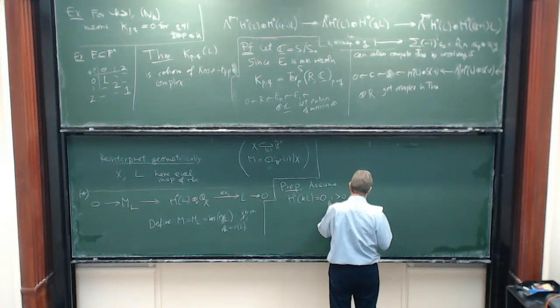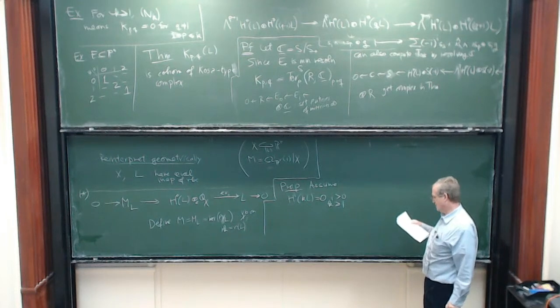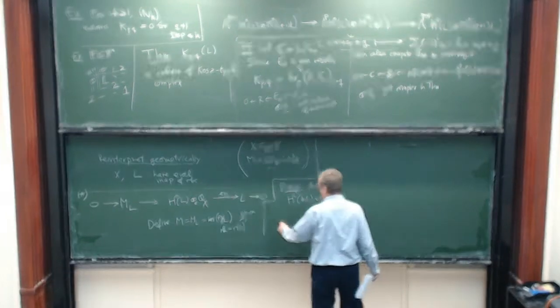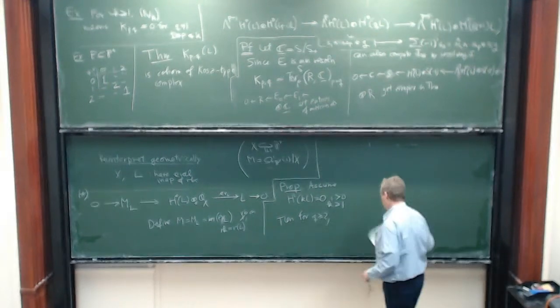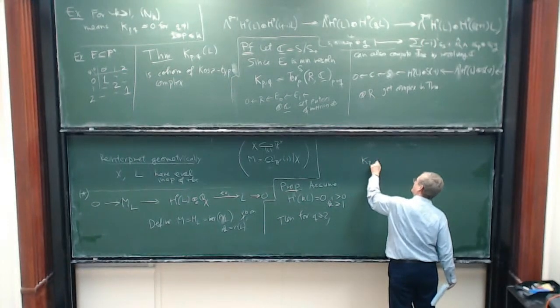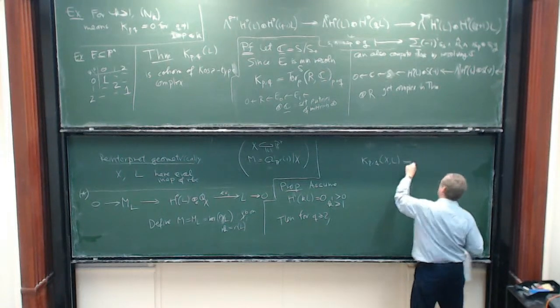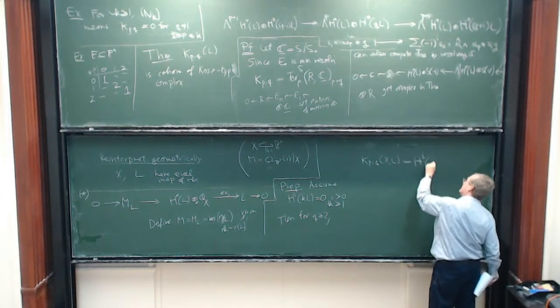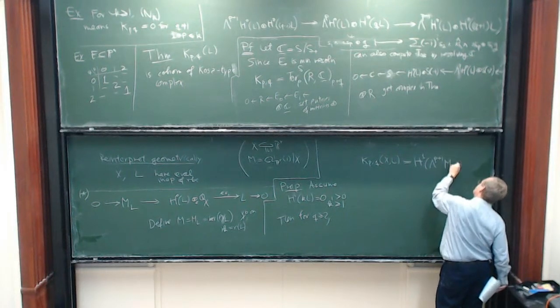This is the kind of thing that's going to happen when L is reasonably positive. Then for q greater than or equal to 2, I can compute these K_{p,q} cohomologically. So K_{p,q}(X, L) is equal to H^1 of wedge^{p+1} M_L tensor L^{q-1}.